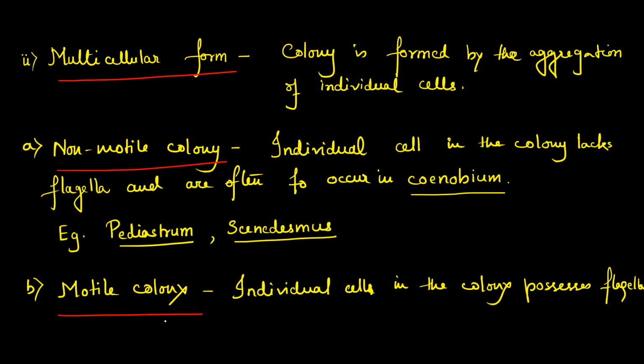In Volvox, about 500 to 50,000 cells are interconnected with each other with division of labor. So examples we can say are Volvox, then Gonium. All these we can quote as examples.